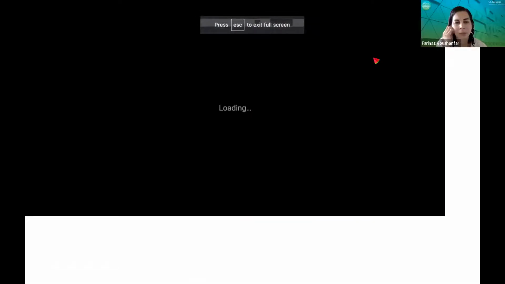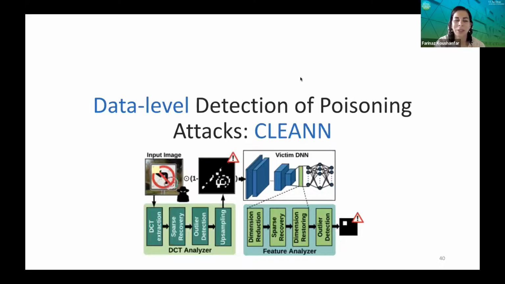Okay. So now, I guess not to confuse this with the clean sample that Huili was mentioning, this is CLEAN with 2N, which is our approach for doing this.